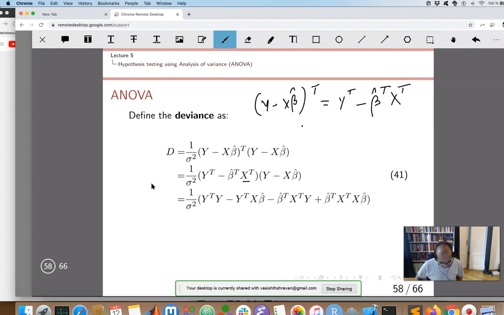So I've opened out the transpose here, and now I'm going to multiply this entire term with this term using just standard algebra.